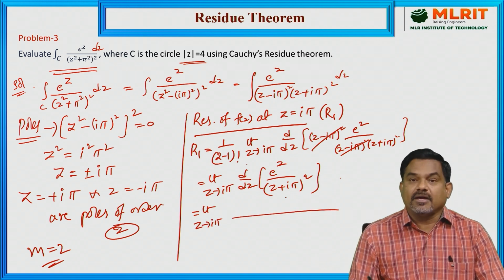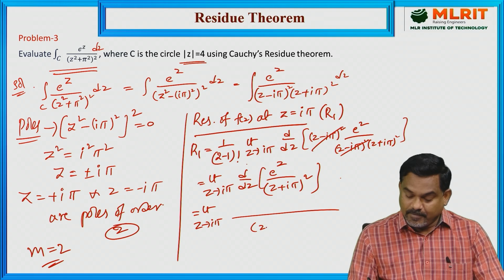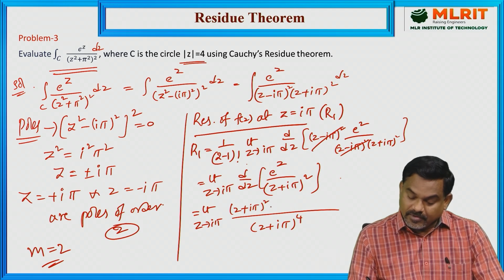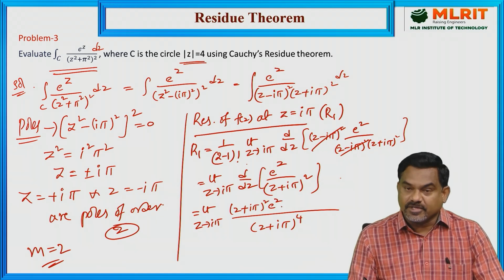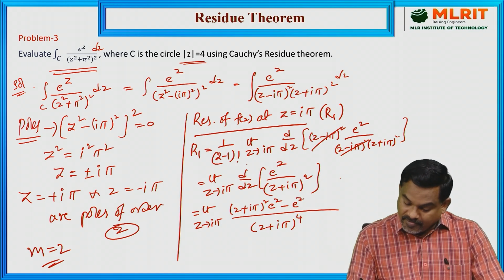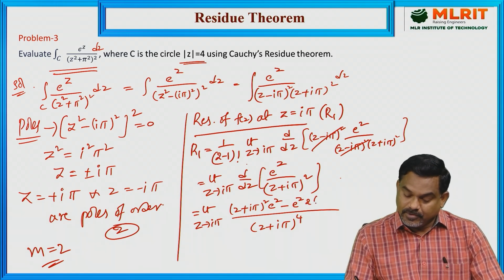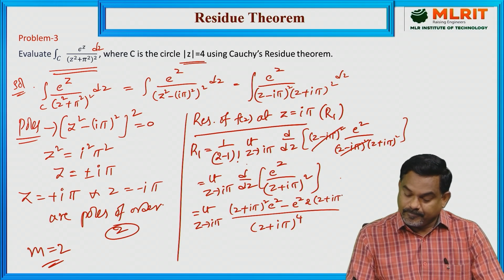So we apply the u by v rule, and the denominator is (z plus iπ) whole power 4, denominator whole square, denominator into numerator derivative e power z minus e power z into denominator derivative 2 into (z plus iπ).